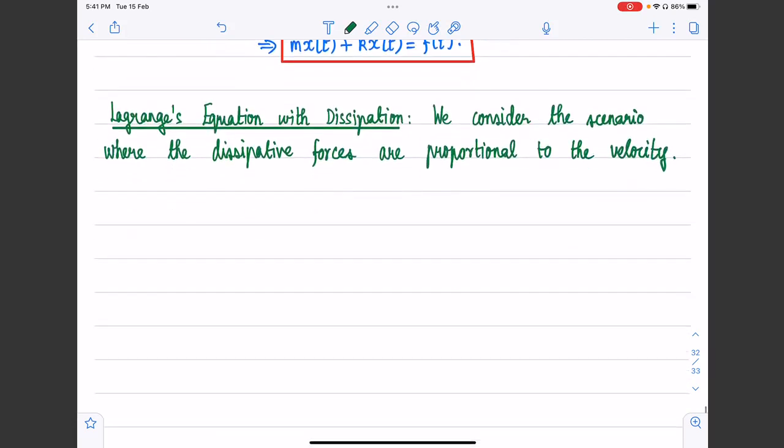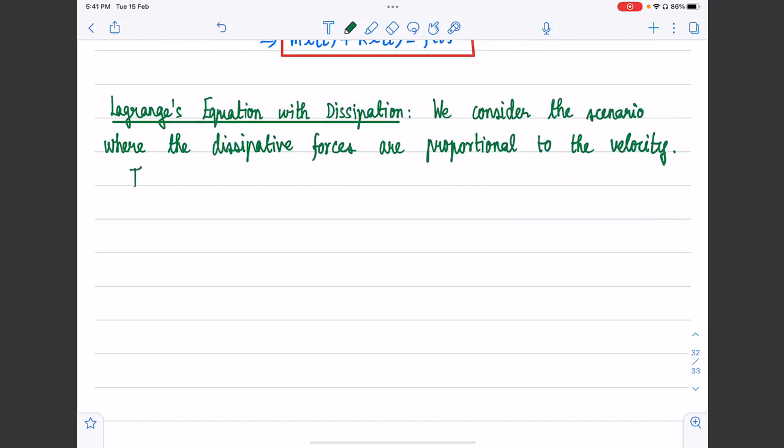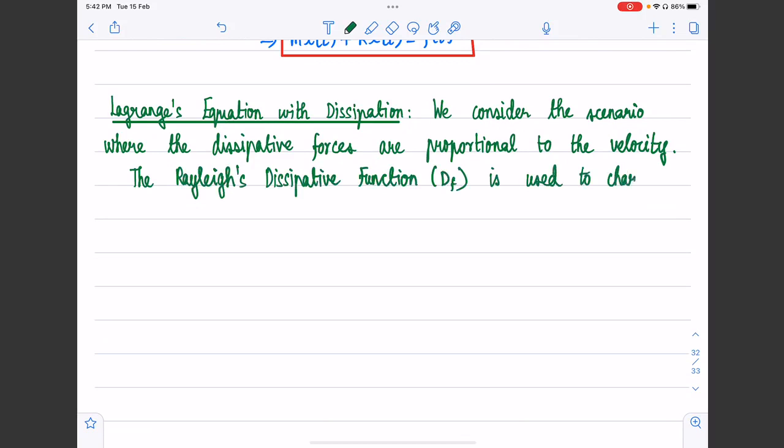Now we introduce what is called Rayleigh's dissipation function, which is denoted by D, and is used to characterize the dissipative effects.